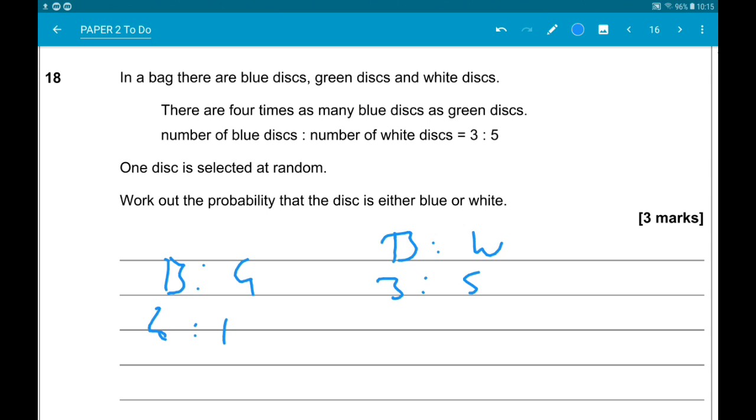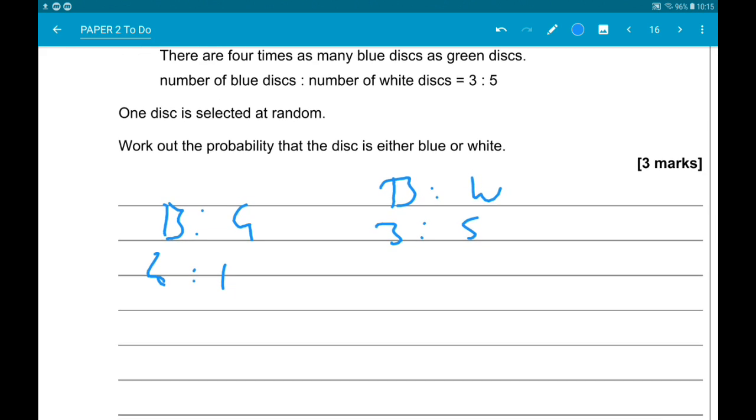Okay, so to do that, we are going to need to combine the 2 ratios. So to do that, we look at the thing in both ratios. So here, that's blue. And in each ratio, we're going to turn that part into the same number. So the first thing 4 and 3 go into is 12. So the blue to green ratio is 12 to 3. And the blue to white ratio is 12 to 20.